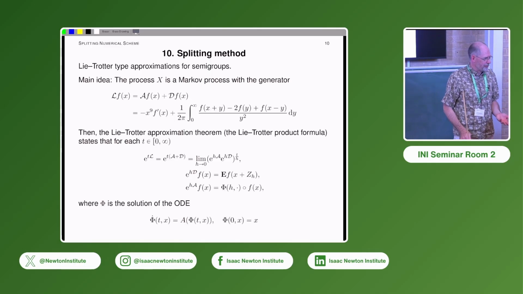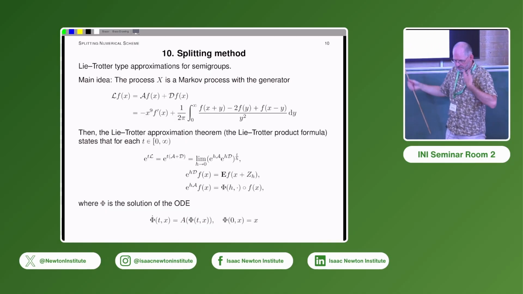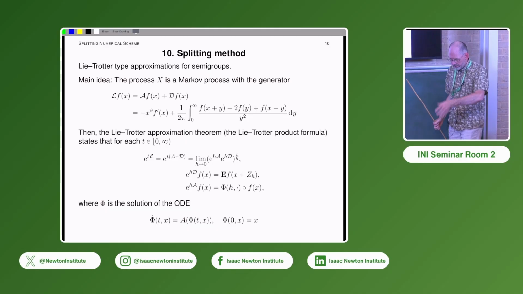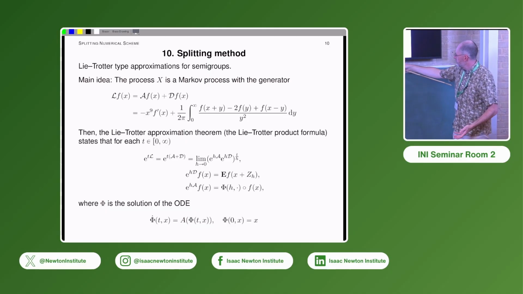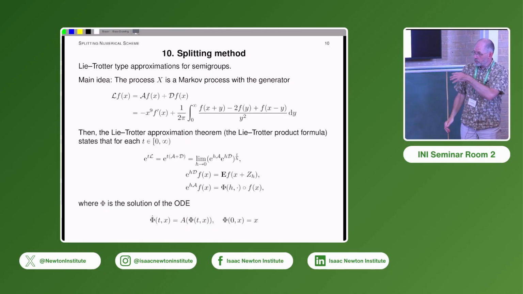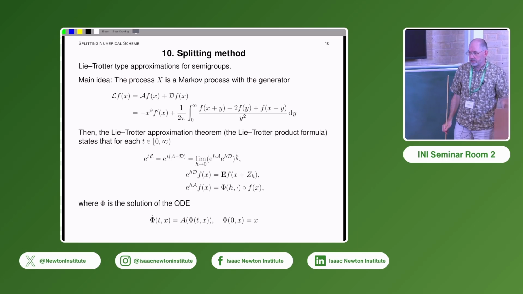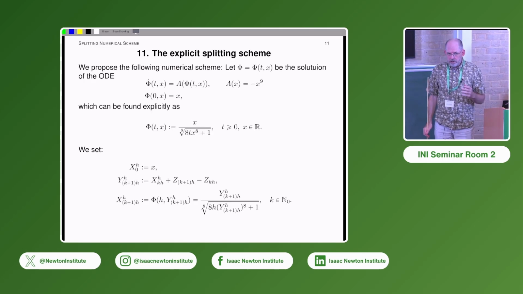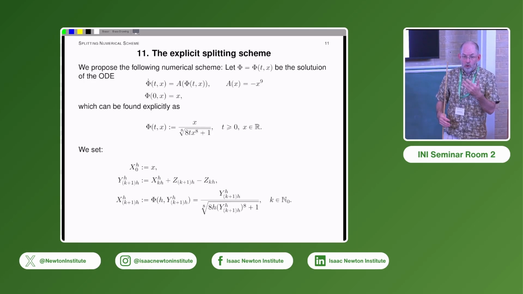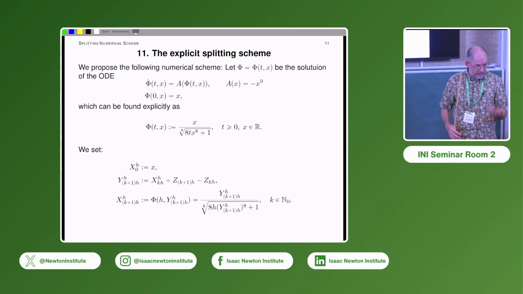It's just the solution of the ODE, because it's the semigroup generated by a transport operator, which transports us along the integral curves of the ODE. But this is a weak setting, in the sense of operators. So what we do is rewrite this as a strong scheme, because we want to have paths.